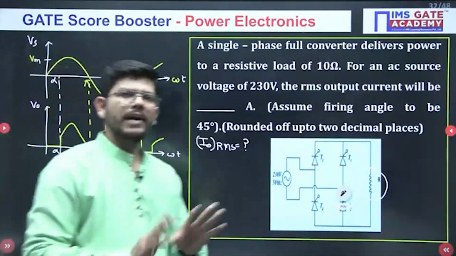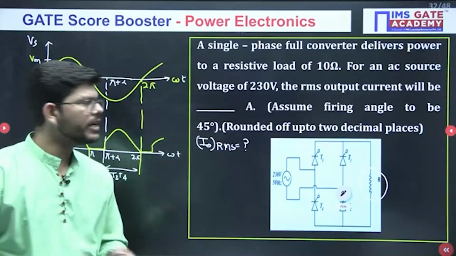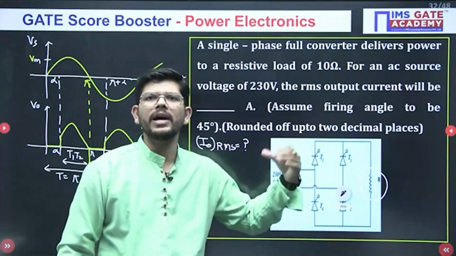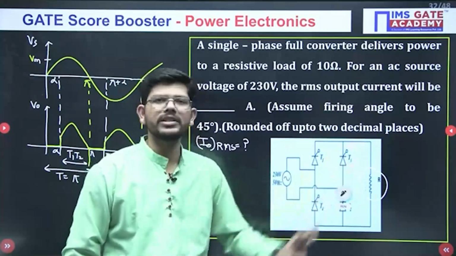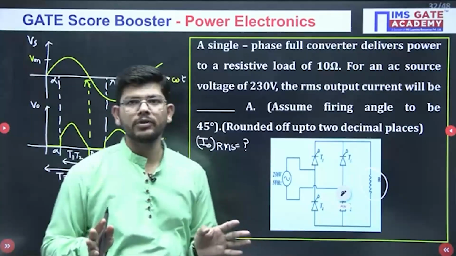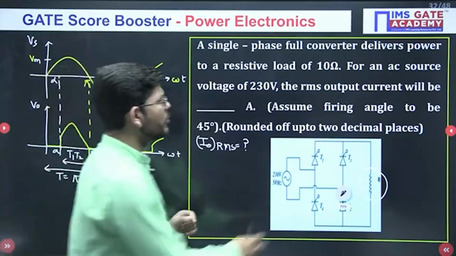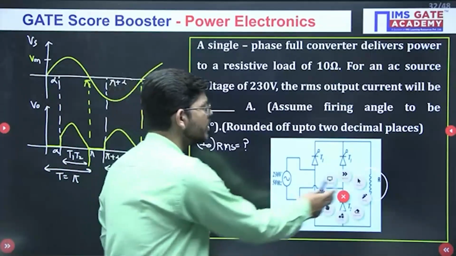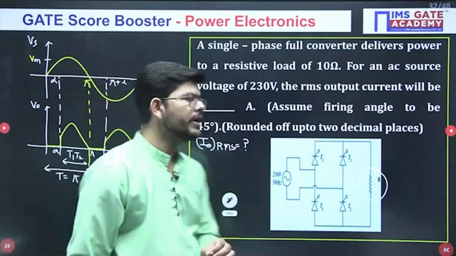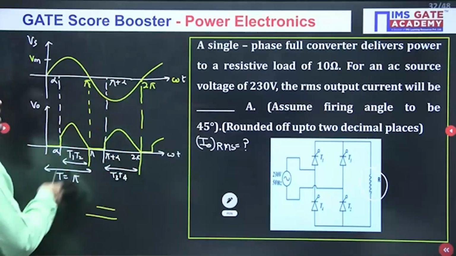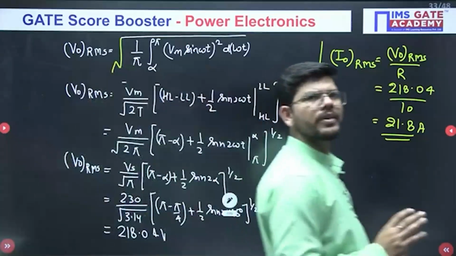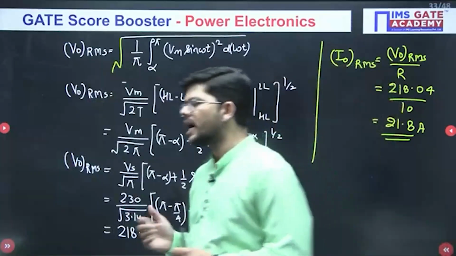Okay, so just see, guys. Students are preparing for everything, but GATE authorities will give you a simple case of problem. They will give you a normal resistive load. You are prepared for RL load, RLE load, but if they simply give you a resistive load and you apply the same concept, you will make a mistake there. So what do we have to do here? If the load is resistive, I will always recommend you to do this analysis and calculate the voltages in this manner, rather than the formulas that you know for RL load and RLE load.